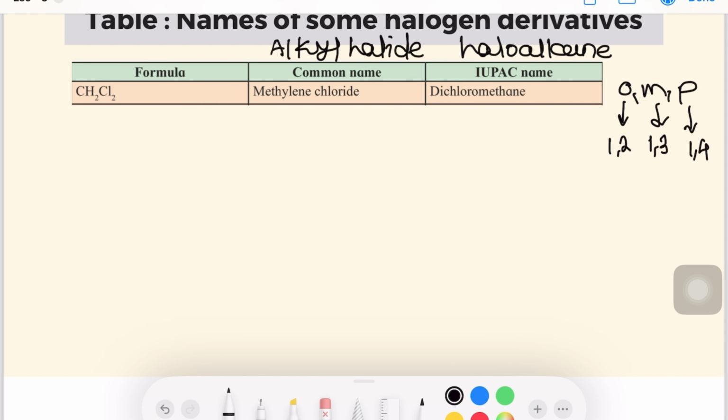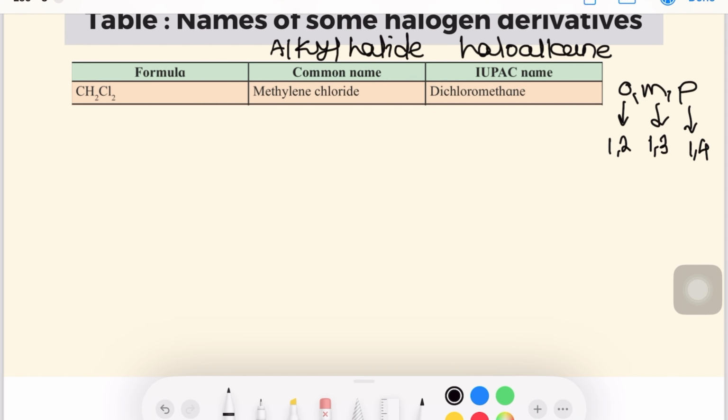And there are 2 chlorine atoms, so we use the prefix di, giving the IUPAC name dichloromethane.